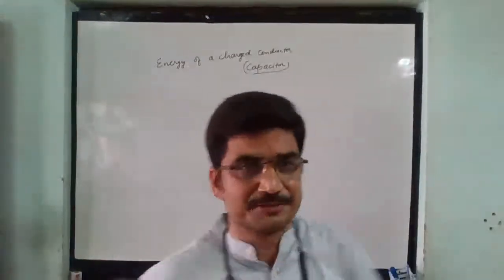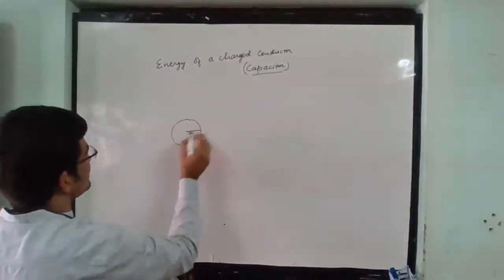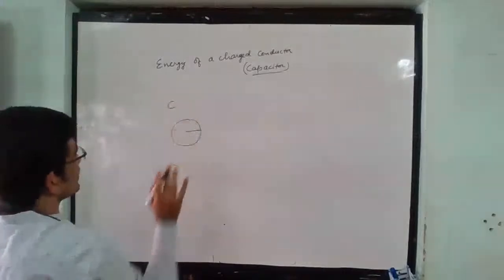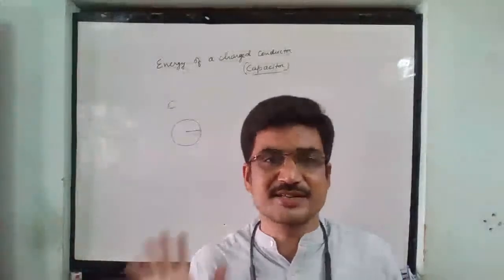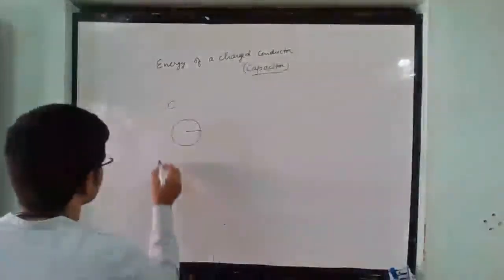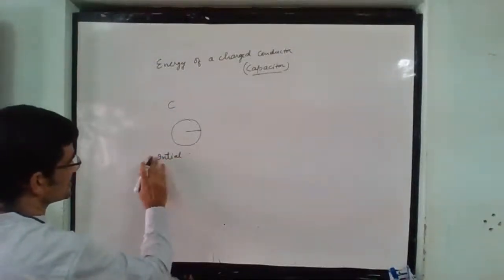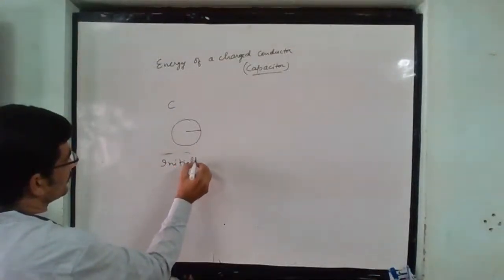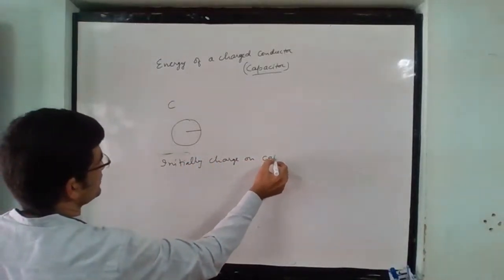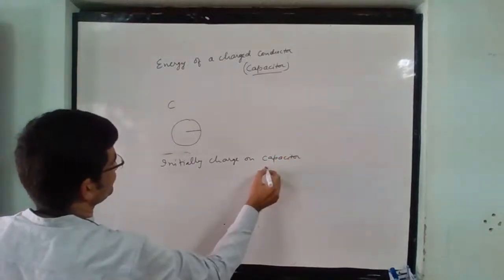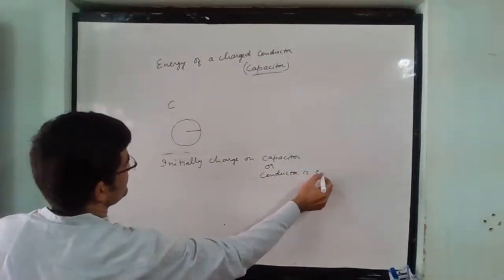So we have a conductor. Very easy to take a spherical conductor. Its capacity is C. Initially, its charge is 0. The initial charge on a capacitor or a conductor is 0.